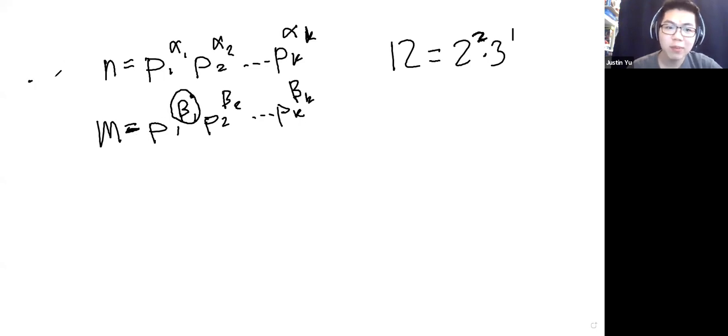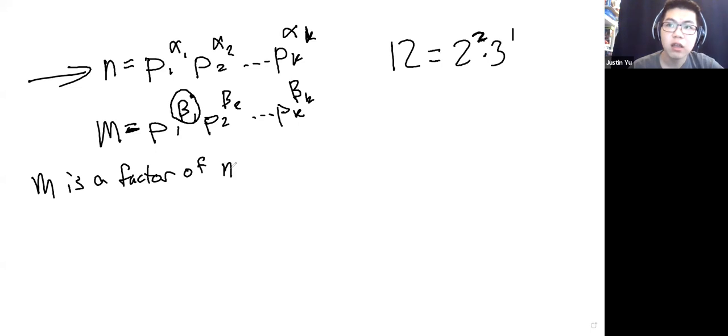And remember, our main number is n. m is a factor. I don't know what I did. Everybody's saying the wrong thing. Wait, what I'm trying to get at is that we are trying to count prime factors of n.